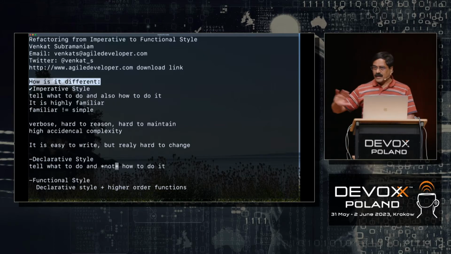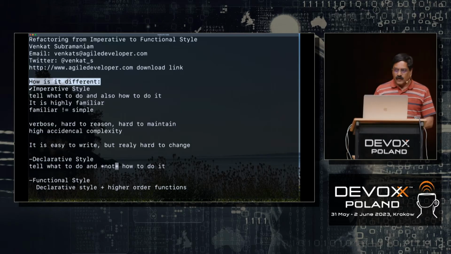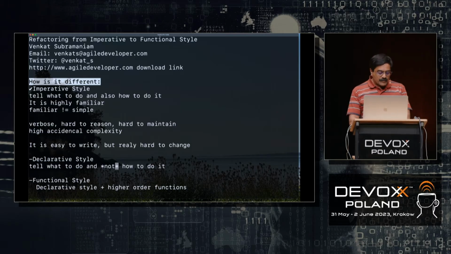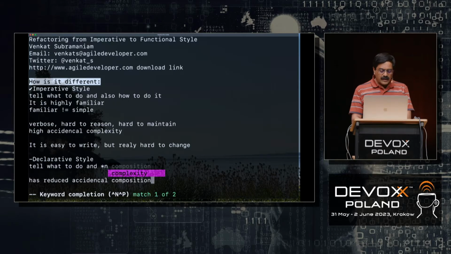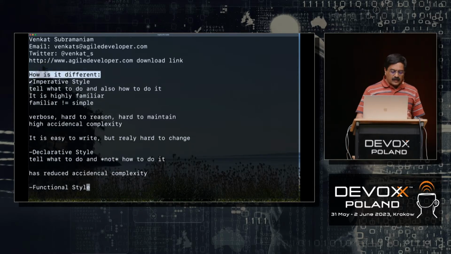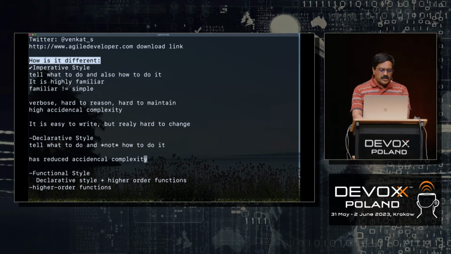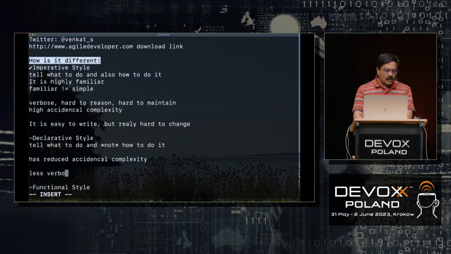We use underlying libraries of code to really do the work for us, so we work with a higher level of abstraction. So in this case, we have reduced accidental complexity. This is one of the nice benefits of writing in a declarative style: it's usually less verbose, and easier to change as well.